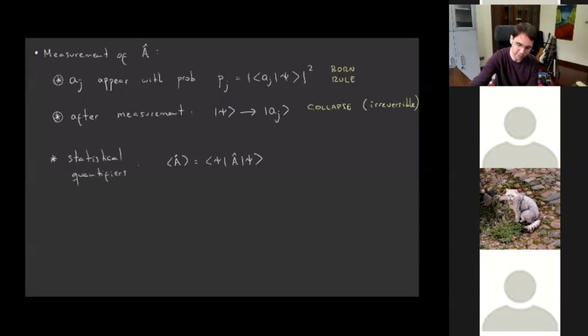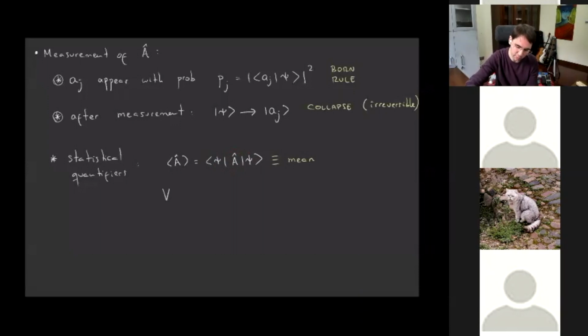If the system is in state psi, we take the expectation value of the operator A in the state psi, which is this sandwich with the state. What's important is that you can show, you can see in the notes, that this coincides with what in statistics would be the mean. So if we prepare the experiment many times and we measure the observable A many times, the statistics of the outcomes in the experiment will follow this mean value.